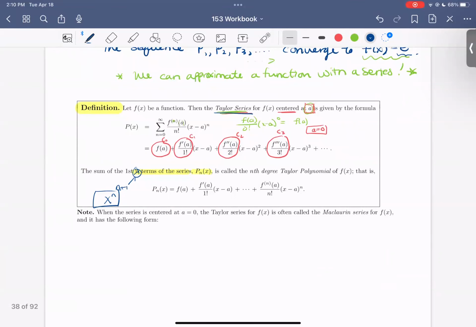Then that polynomial that just goes out to the x to the n term is called the nth degree Taylor polynomial of f of x. So that is, if we want to be explicit, P sub n of x is equal to f of a plus that first term plus etc. all the way to that (x minus a) to the n.